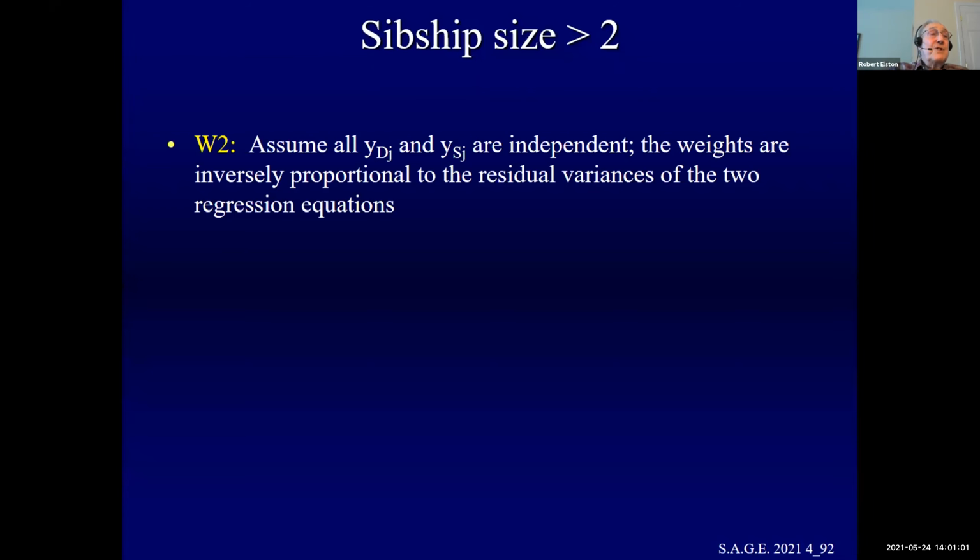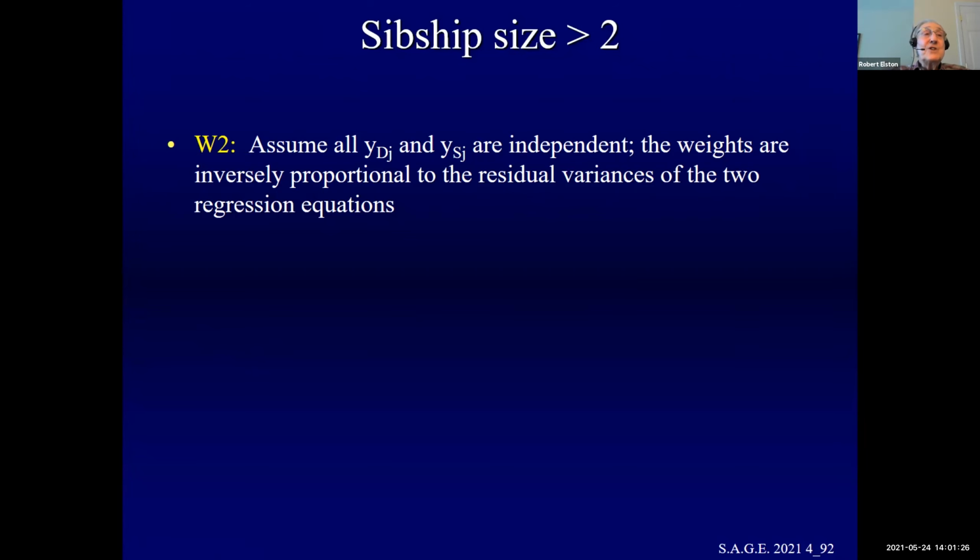First of all, let's consider sibships that are of size greater than 2. In W2, we assume all the YDJs and YSJs are independent. The weights are inversely proportional to the residual variances of the two regression equations. So they're not independent, but we just assume they are. But remember, you can use whatever methods are available, but the best is to use the permutation.